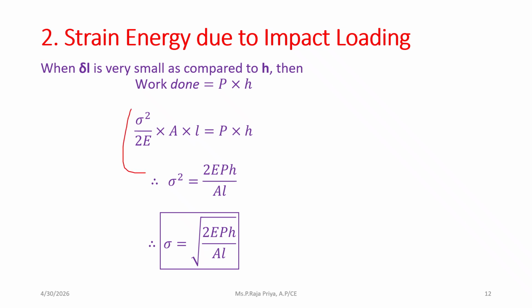This is equal to the strain energy U, which is sigma square by 2E into V. Instead of V, it is written as A into L. Taking all the terms other than sigma square to the other side, sigma square will be 2E PH by AL, and sigma will be root of 2E PH by AL. This is the stress for impact loading. And thank you.